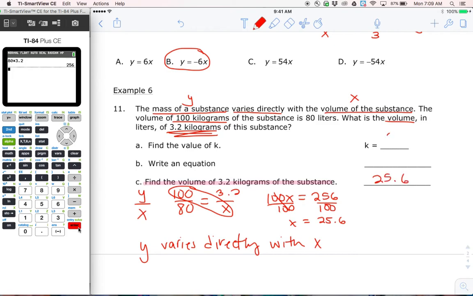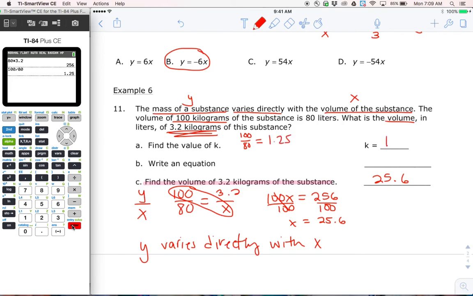We didn't even find K. We didn't even write an equation. We just went ahead and set it up as a proportion and solved it. Now, if you wanted to do that, remember how it's y over x, like this is equal to K. So if I wanted to have found K, I could have just put 100 divided by 80, right? 100 divided by 80 is going to give me, let's see here, 1.25.